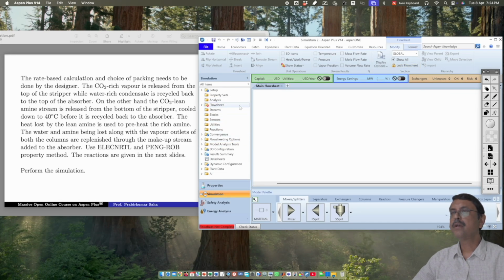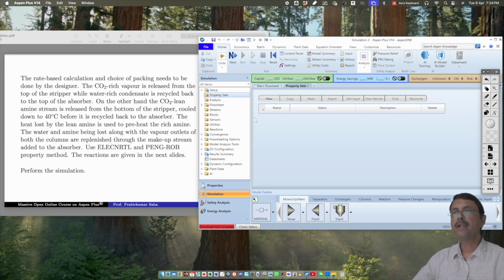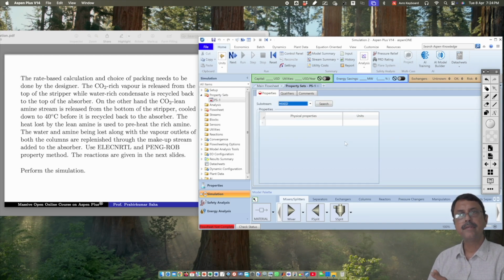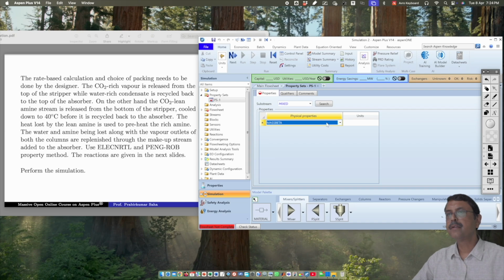And before going into the simulation, we can set some property, because we have to see how much CO2 we are recovering in any of the streams. So we will watch the stream flow rate as well as the CO2 flow rate inside that stream. How much CO2 is being carried inside that stream. So for that, we will say the mass flow rate of any component.